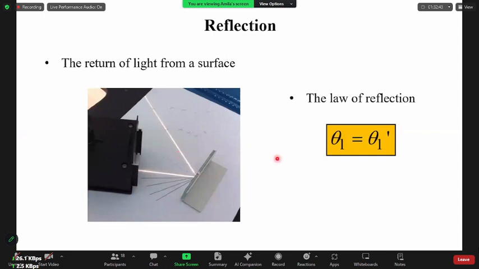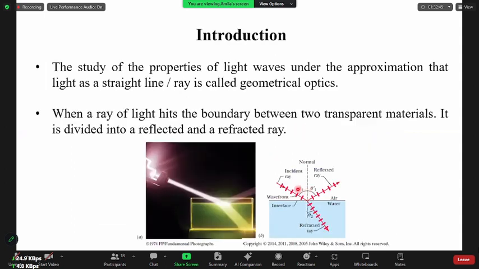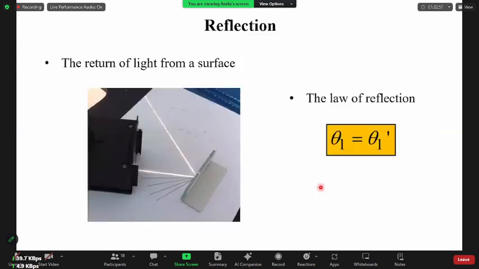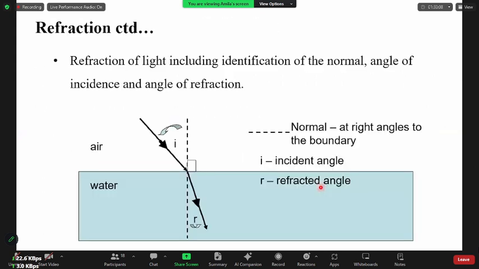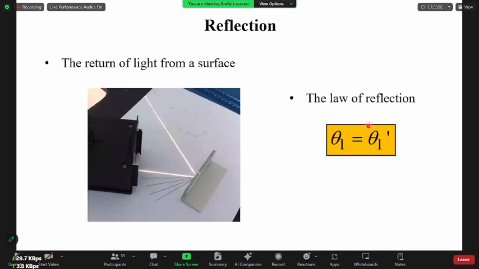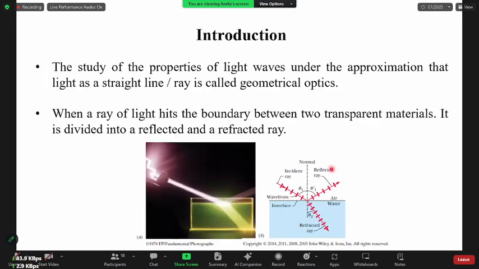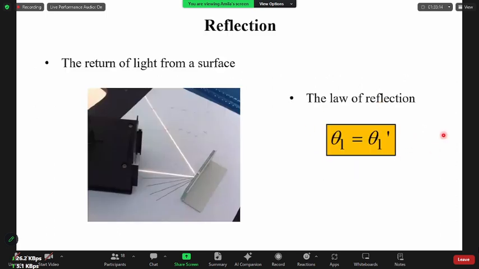Theta 1 here we call the incident angle, and theta 1 dash here is the reflected angle. So the law is that theta 1 is equal to theta 1 dash. That is the law of reflection.